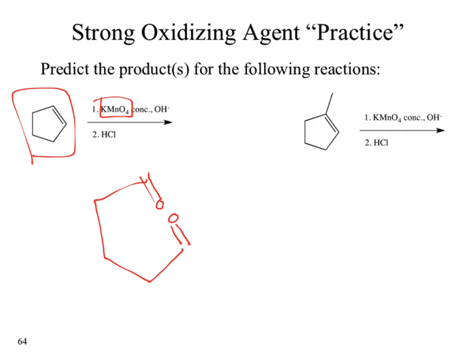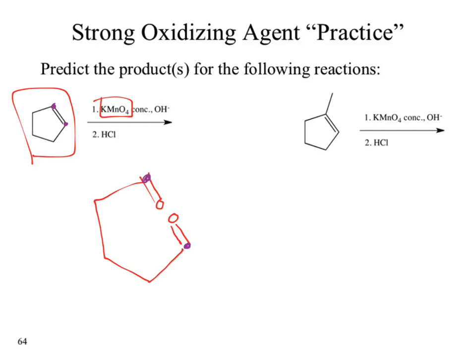Where's the chemistry occurring in this reaction? Which carbon? The carbons of our pi bond, right? Okay, so I did my oxidative cleavage there. I'm in a strong oxidizing environment. So if I can oxidize, what should I do? Oxidize. So I will look at those reactive carbons and say, can I do more oxidation?